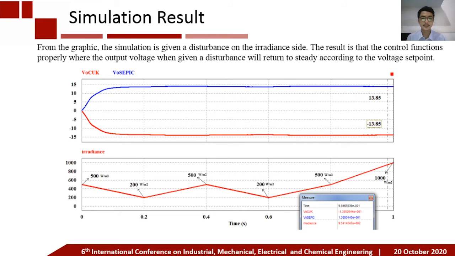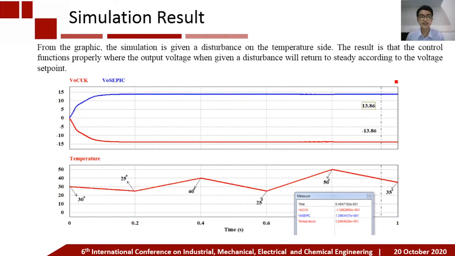The disturbance is given in seconds 0, 0.2, 0.4, 0.6, 0.8, and 1. By adjusting the irradiance 500, 200, 500, 200, 500, and 1000, the output voltage response when using the control produces a stable voltage when disturbed.